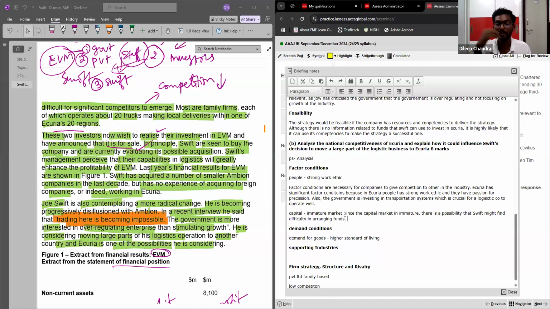Okay, so I've said something. What is the impact of this immature capital market? The impact is Swift will find it difficult to arrange the funds. That is the impact. Okay.